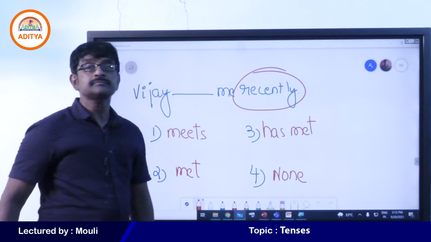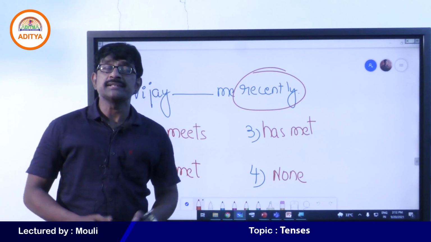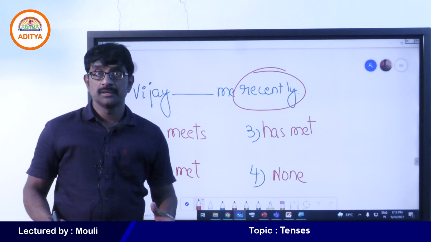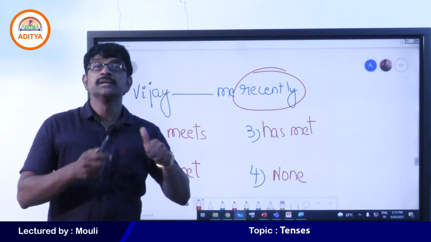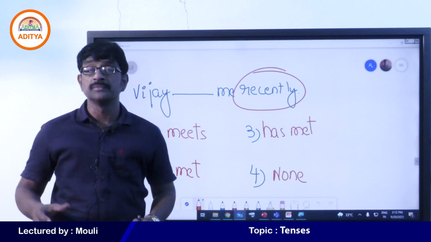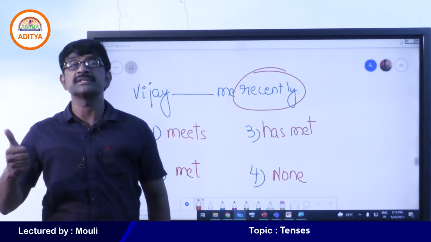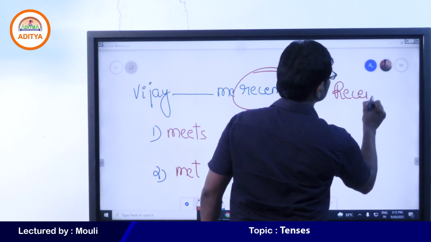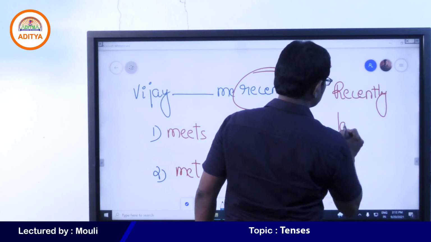Okay, let us look at this now. Recently. When the word recently is given, we must confirm that recently or lately 2 words are there. Whenever these words come, we can say that that is a present perfect tense.